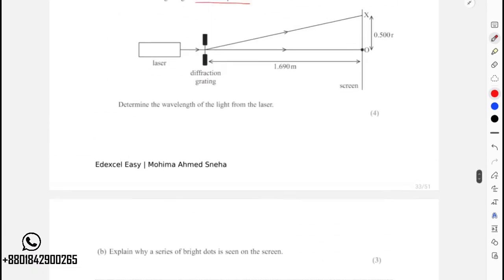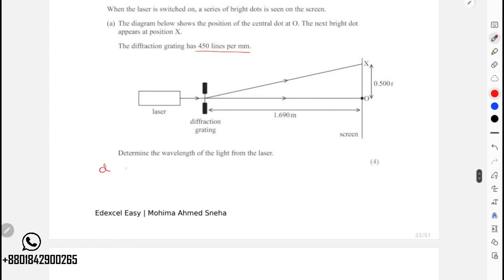And I do not have much space. So that small d is basically going to be, since you have 450 lines, all the other lengths are in meters, and you have to find the wavelength also in meters. So let's find out how many millimeters are there in 1 meter. That is 1000.